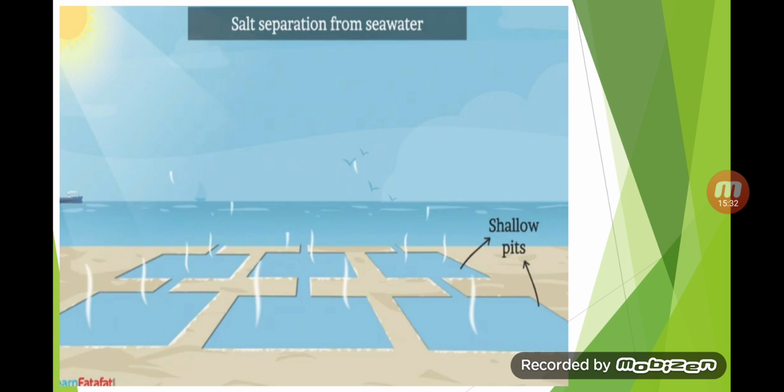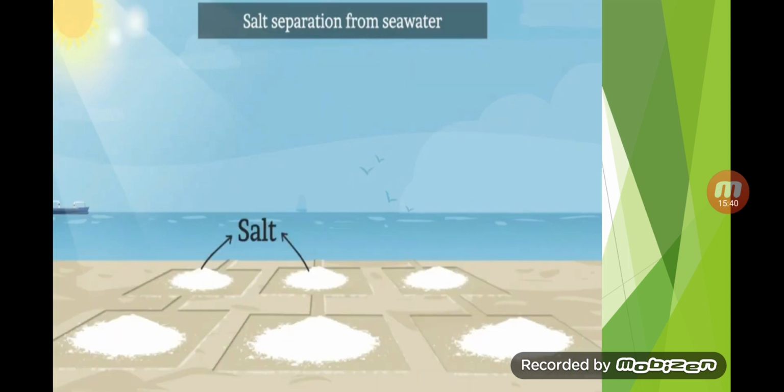After a few days, a few weeks, all the water gets evaporated, and finally you get only salt in the pit, which is collected and sent to factories where it is packed, and you get iodized salt. So how it is obtained from sea water, you can understand by the evaporation process.